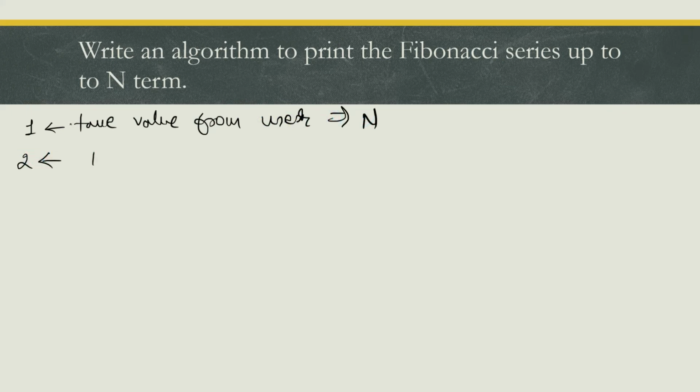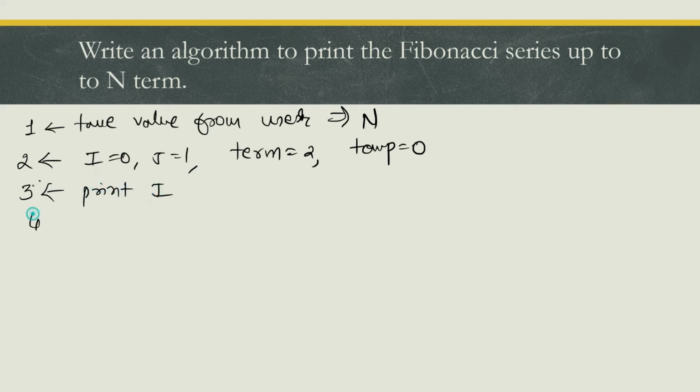Second, initialize i by 0, j by 1, term by 2, and temp by 0. Third, print i. Fourth, print j.